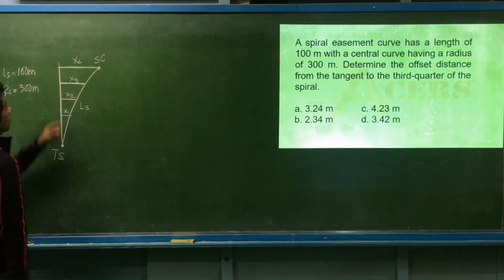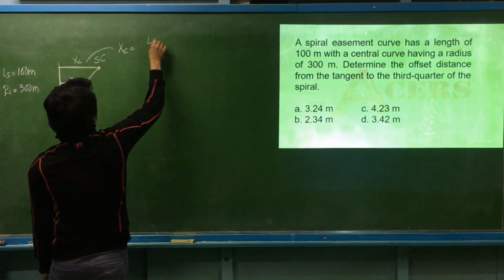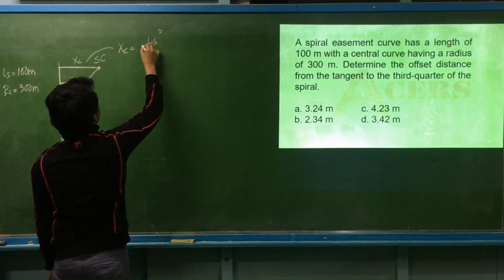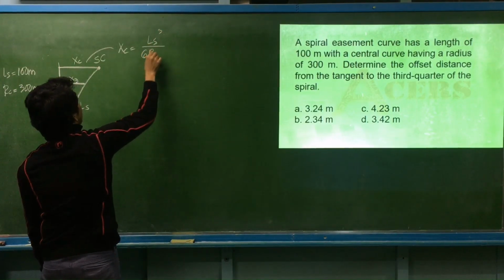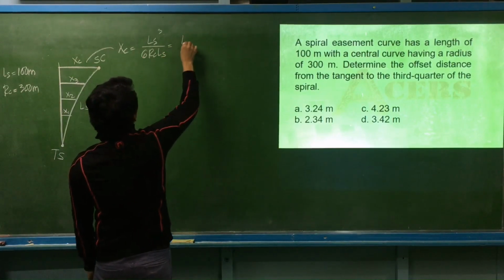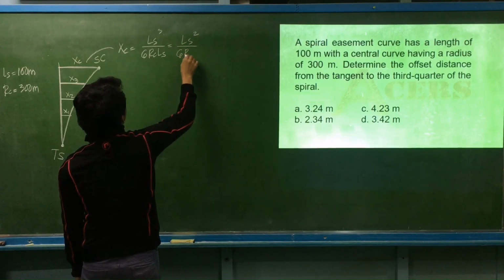So how to determine this offset? The longest offset, x of c, the original formula supposedly is LS cubed divided by 6RC LS. But you can simplify that. This is now LS squared divided by 6RC.